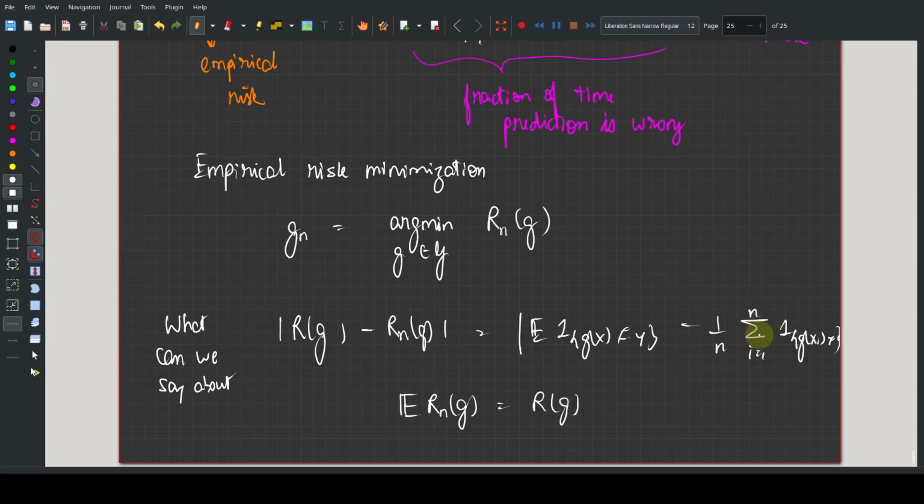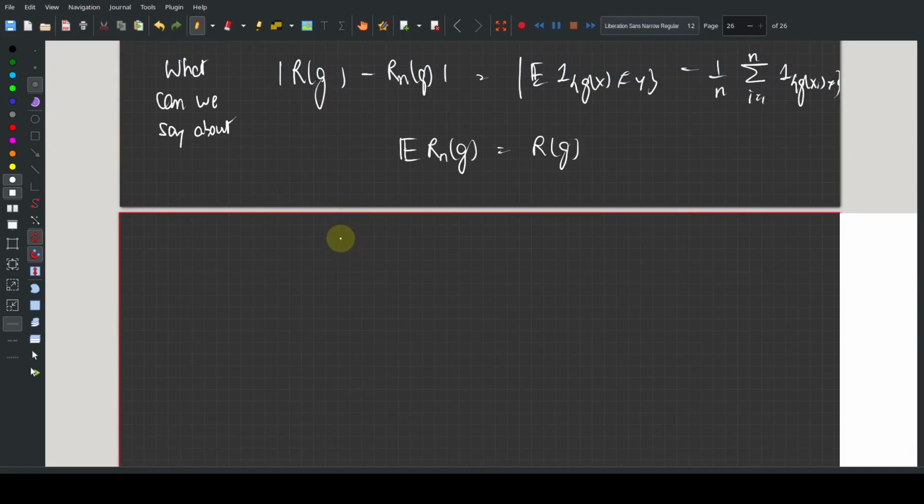But what kind of a variable is Rn of G? Recall Rn of G is 1 over n summation i equal to 1 to n indicator G of xi not equal to yi.